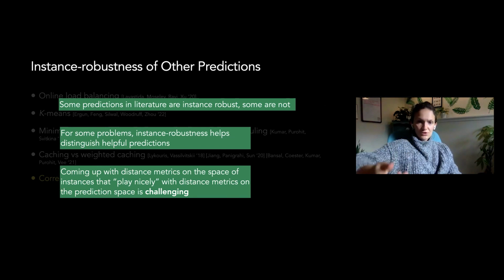And coming up with distance metrics that play nice on the instance space, and that are compatible with the metrics on the prediction space, so again, the metric D playing well with the metric L, is very challenging. So the point being that there are a lot of open problems you could ask here just from looking at the literature which already exists.